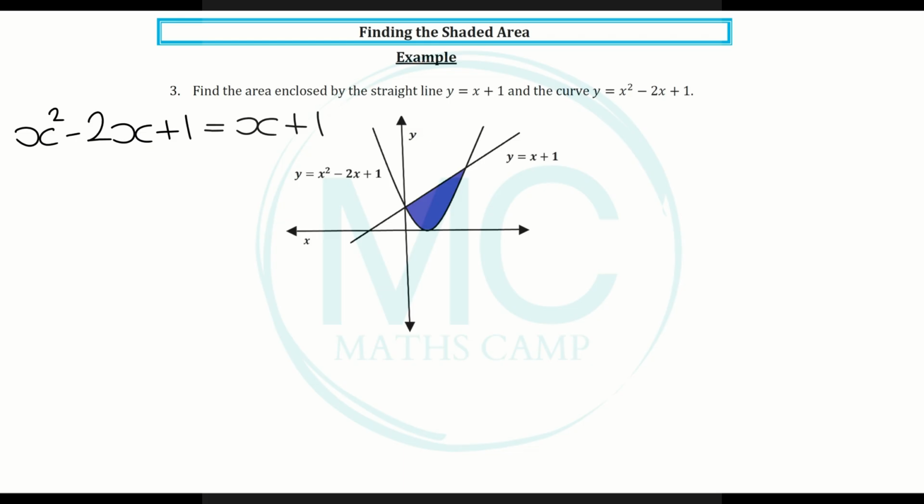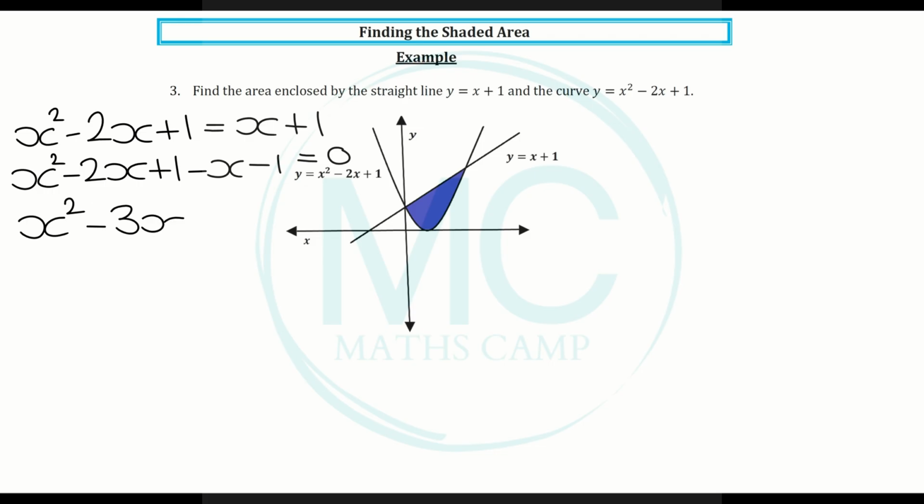We have a square term, so we need to move all of our terms to the left. Get x squared minus 2x plus 1 minus x minus 1 is now equal to 0. Let's add like terms. We have x squared. Negative 2x minus x gives us negative 3x. 1 minus 1, those will cancel.